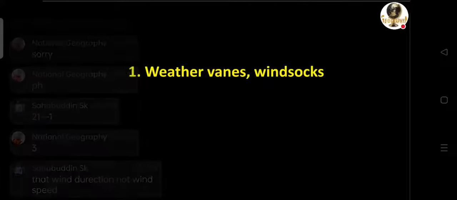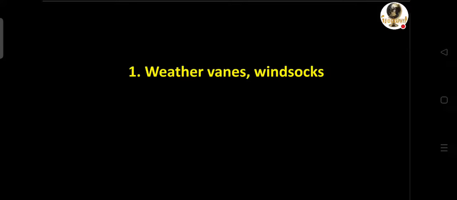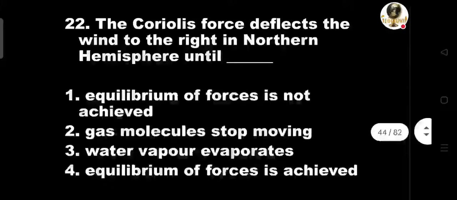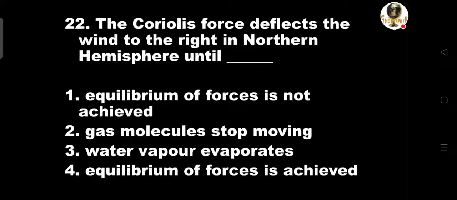Option A, Sabuddin SK from Murshidabad, is the right answer. Thank you. Next, question 22: the Coriolis force deflects the wind to the right in the northern hemisphere until. Very interesting question.